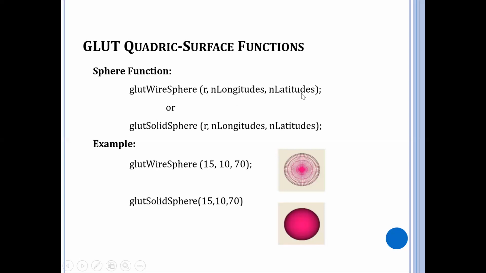The n longitude and latitude represent the numbers of longitude and latitude lines used to approximate the sphere. That means vertically and horizontally, how many lines are required is determined by this longitude and latitude. So that way you have three arguments here: radius, the longitude and the latitude.